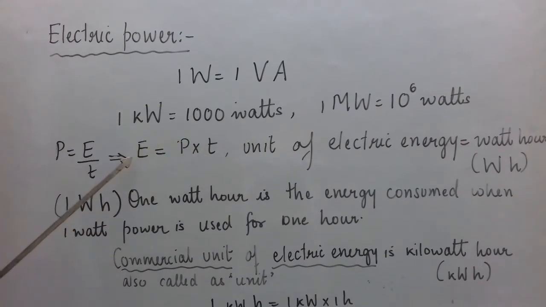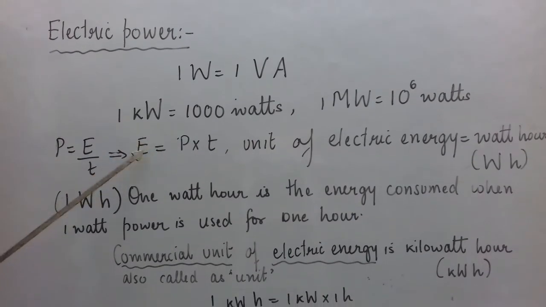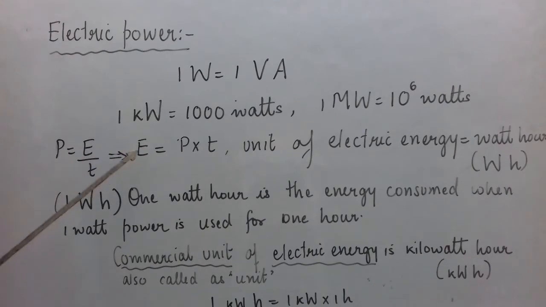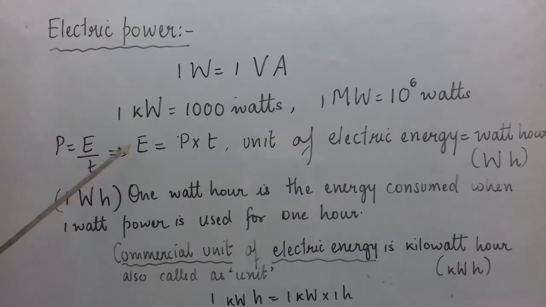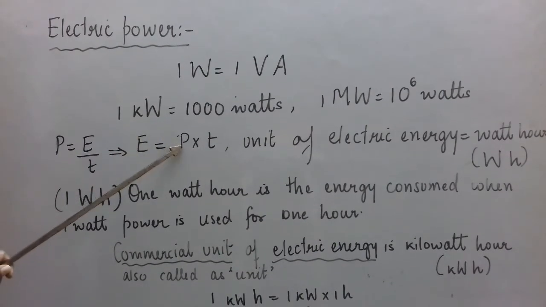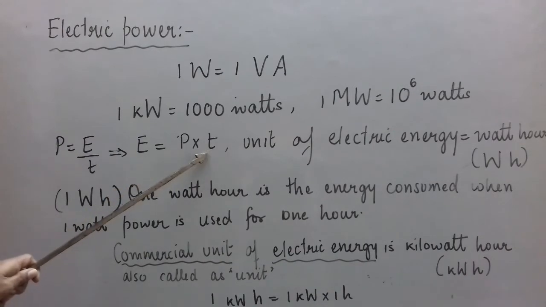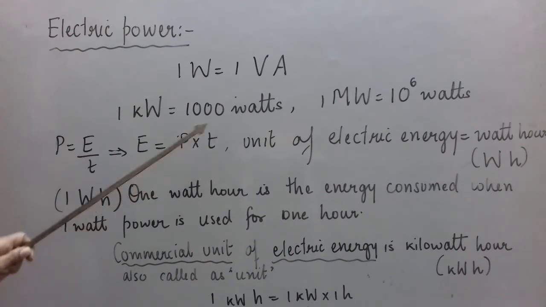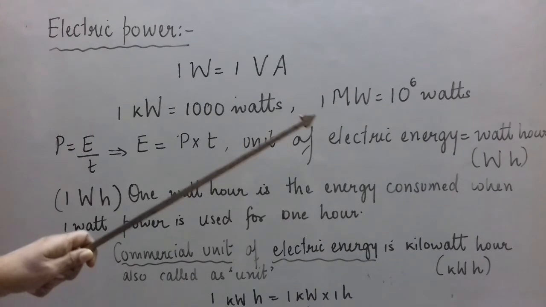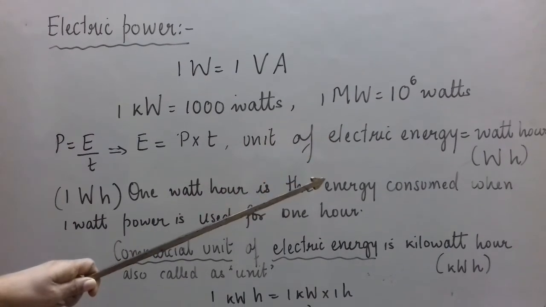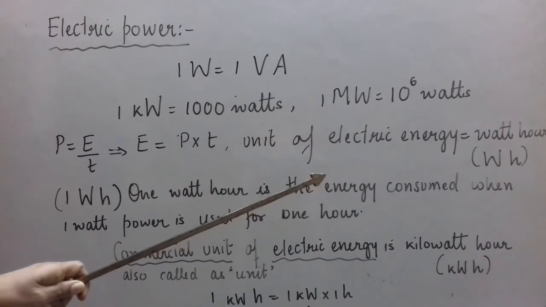The unit of electric energy, generally not taken as the SI unit which is joule, but the unit which is generally used for electric energy is watt into hour, watt hour. So unit of electric energy is watt hour, W, small gap and then small h.